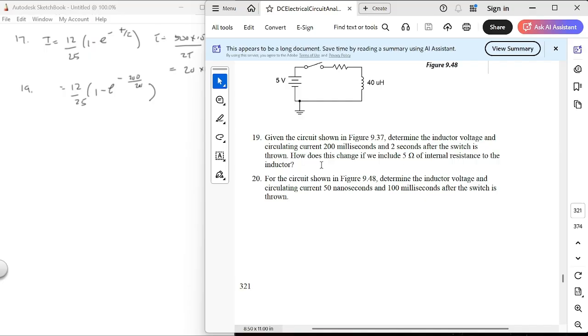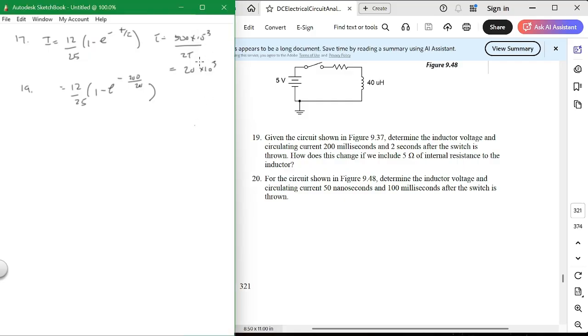Determine inductor voltage and circulating current 200 milliseconds and 2 seconds after the switch is turned. So basically, he is saying 200 milliseconds at e to the minus 10. What is the voltage at 200 milliseconds?